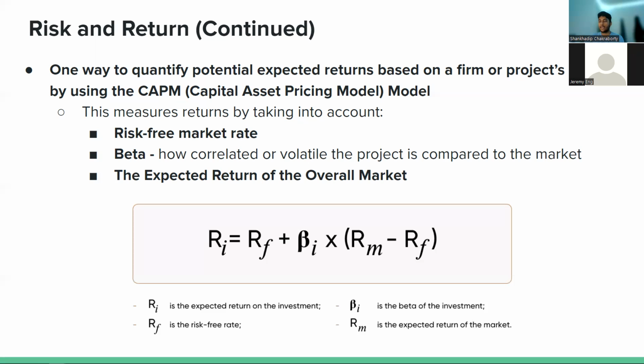And how it does this is it takes the risk-free market return. This usually is the return of a 10-year treasury bill, or a T-bill, as you might say, because there's absolutely no risk in a T-bill. It's the least risky asset because it's backed by the US government, which is the strongest backer of any legal tender in the entire world. It's the world's reserve currency.